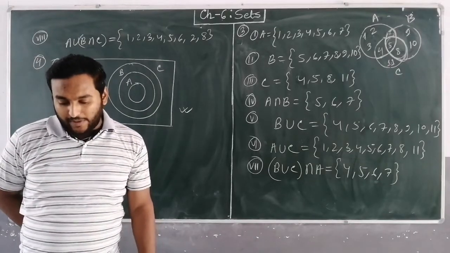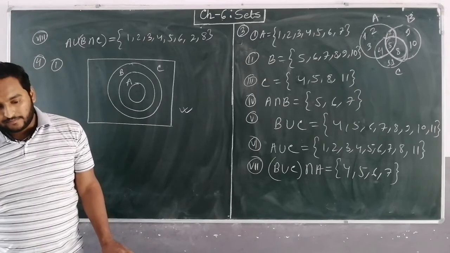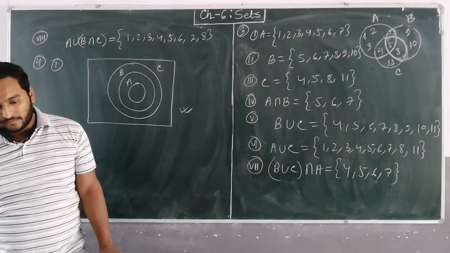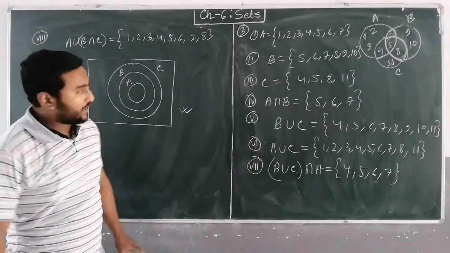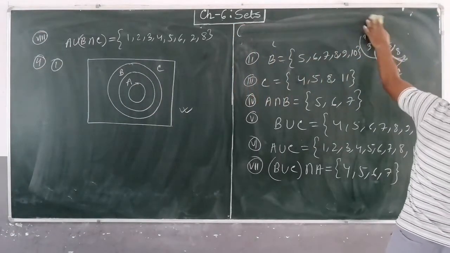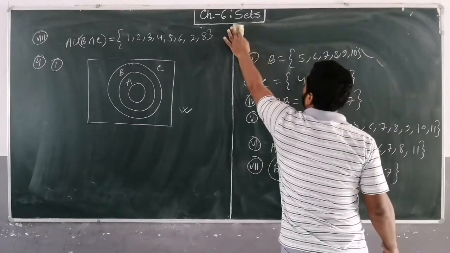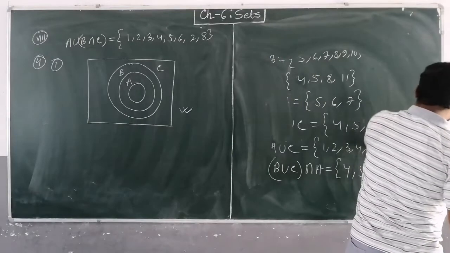Okay, second part, set A and B which are disjoint. Now we have to represent second part, two sets that are disjoint. That I already explained in previous class.